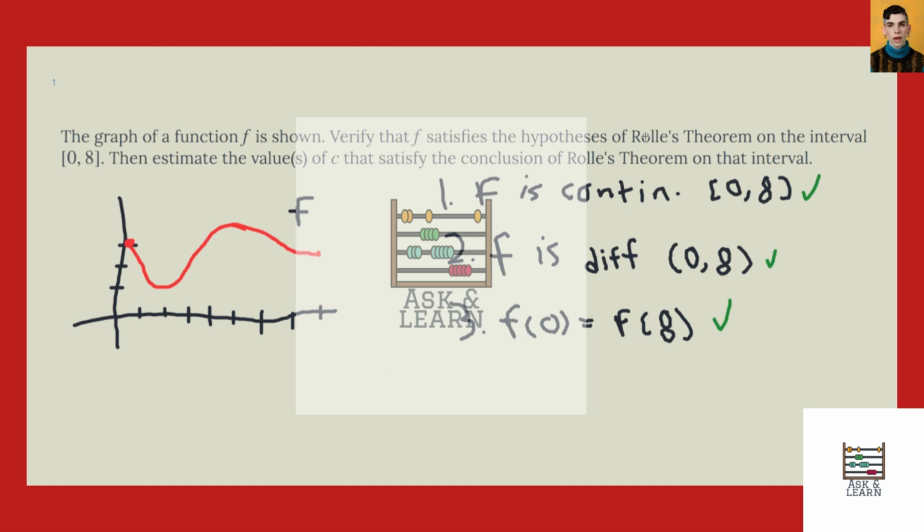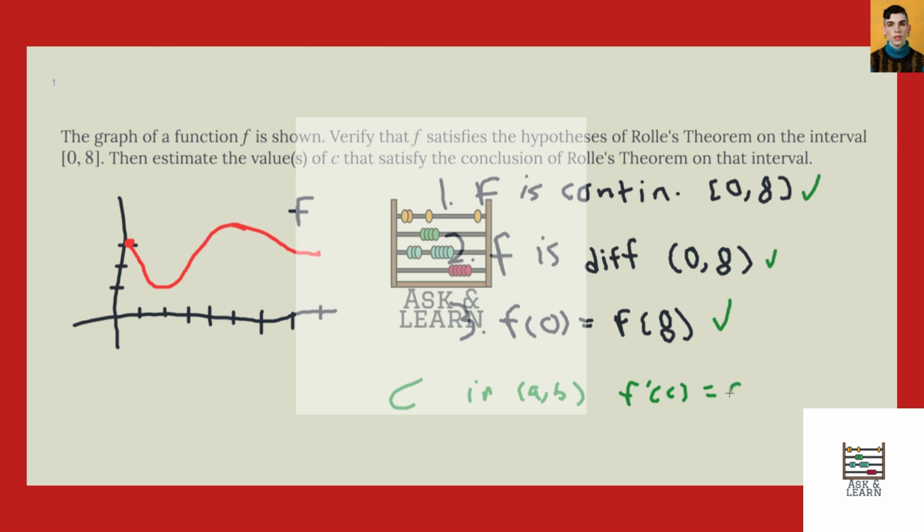So what does Rolle's theorem actually tell us? Well, once these three conditions are satisfied, Rolle's theorem tells us that there is a c in the interval a through b, which in this case is 0 to 8, such that f prime of c is equal to 0.